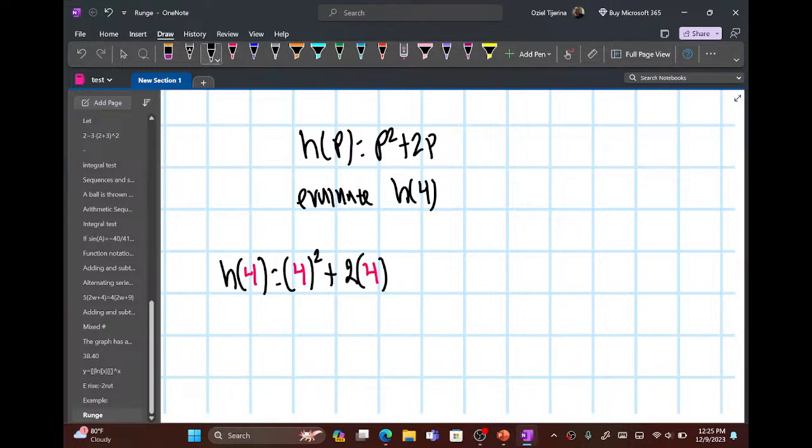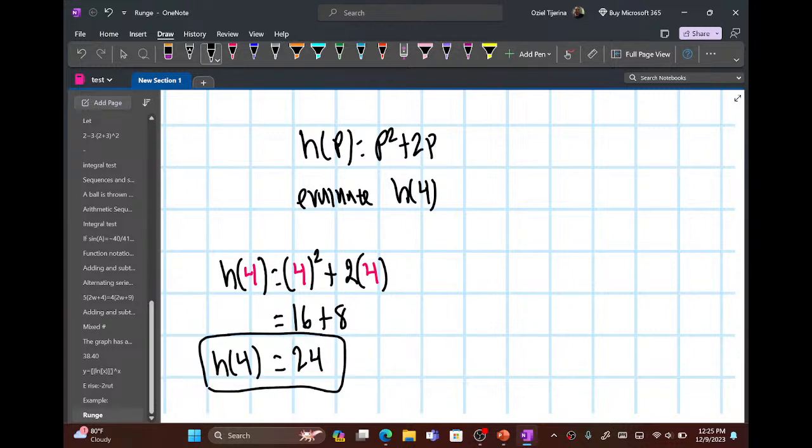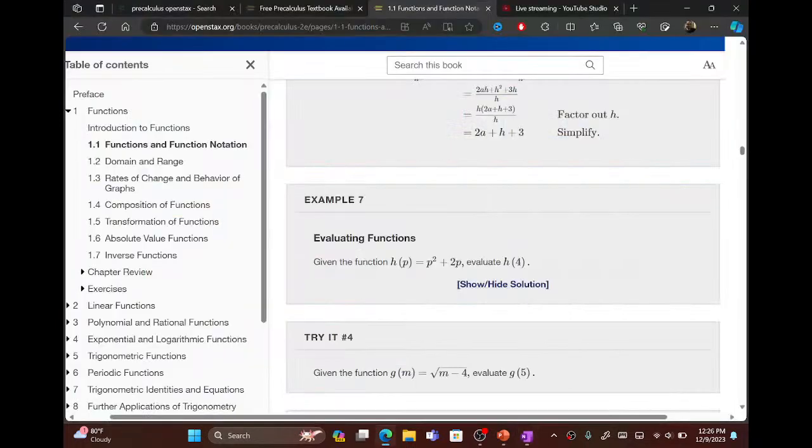Okay. So again, we're just evaluating, this is 16 plus 8, just going to be equal to 24. So that just means when p equals 4, h of p is 24. When the input is 4, the output is 24.